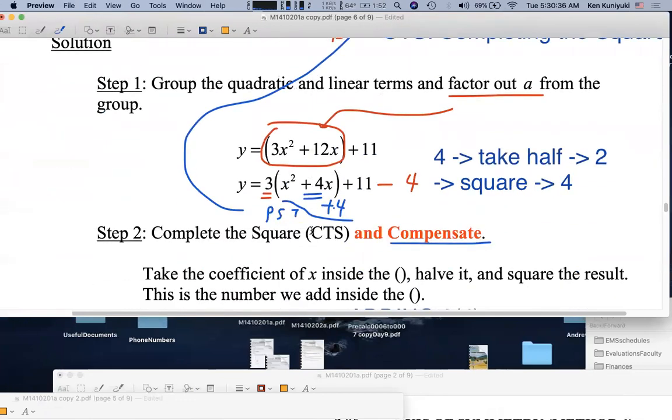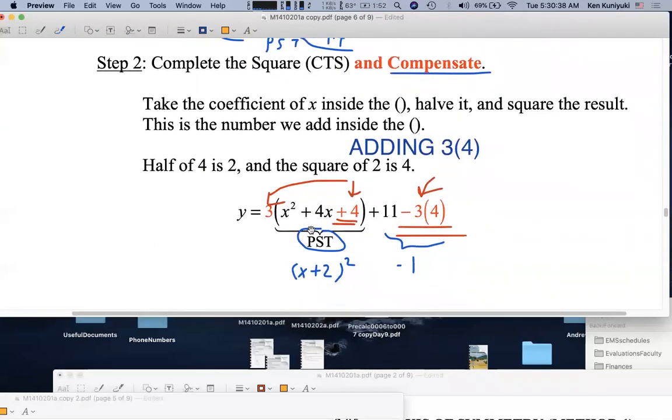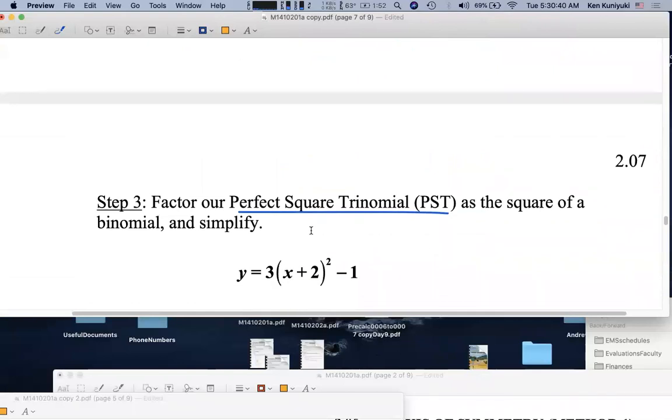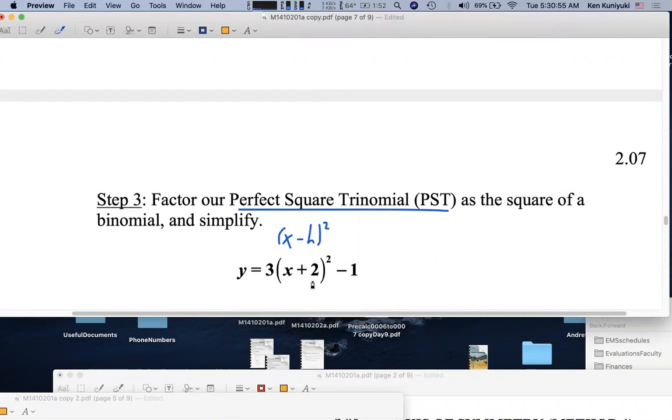All right. Oh, and by the way, where is the vertex? What is h, the x-coordinate of the vertex? Remember, be careful, because remember, it's the square of x minus h. x plus 2 is x minus what?